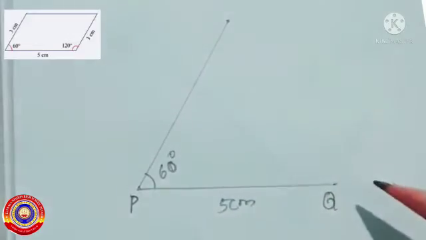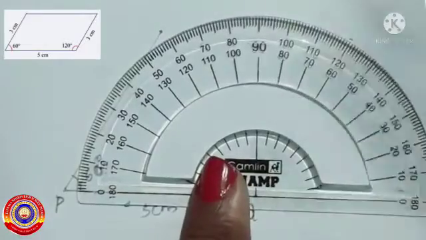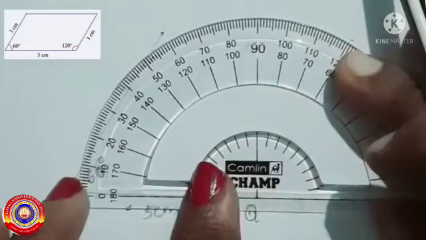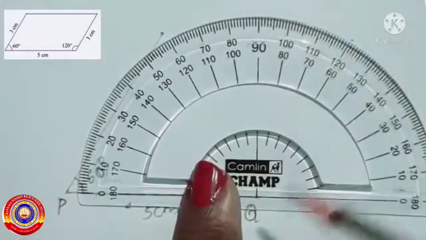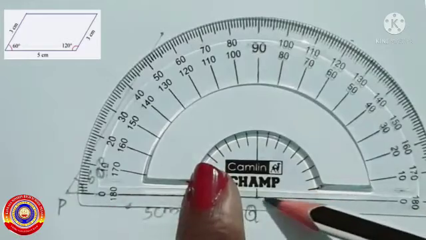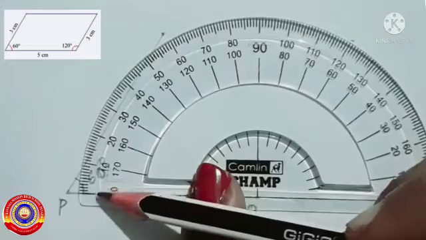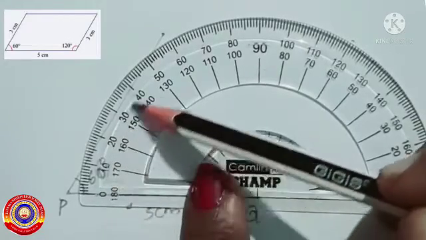Now we have to draw an angle of measure 120 degrees from the point Q. Place the center point of the protractor on the point Q such that the base line of the protractor touches the line PQ. From 0 degree in the outer scale, we have to draw an angle of measure 120 degrees.